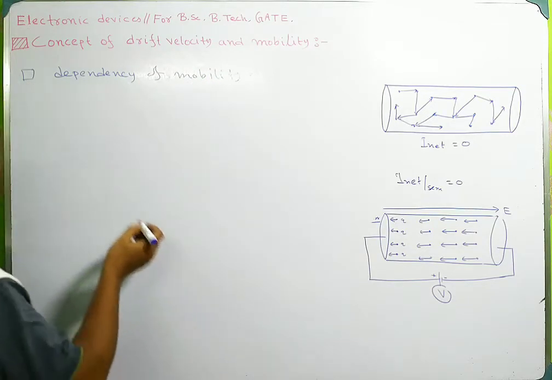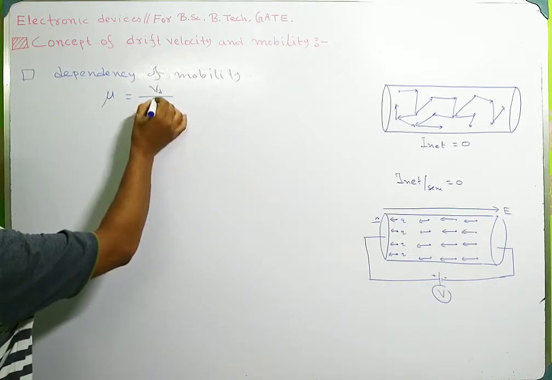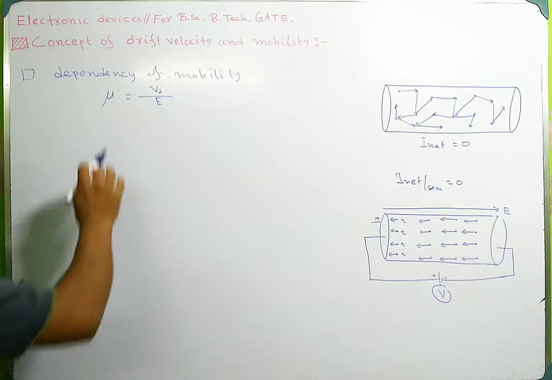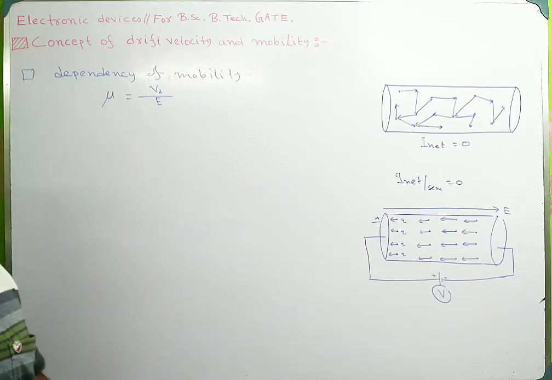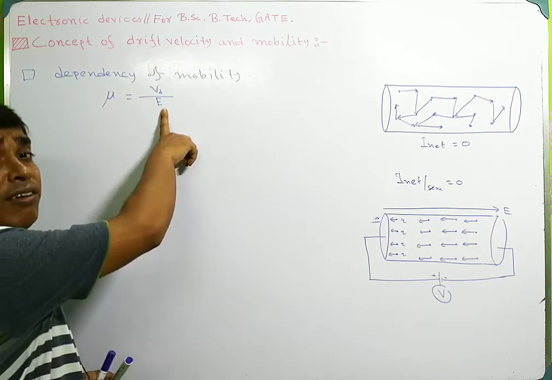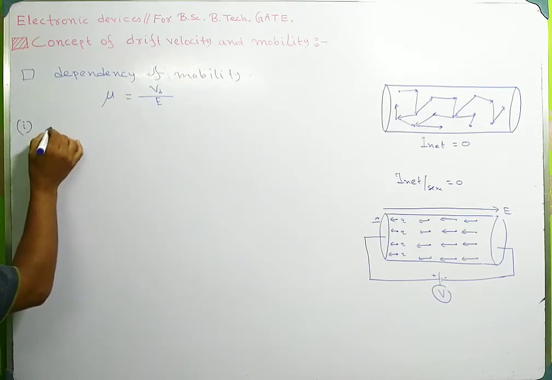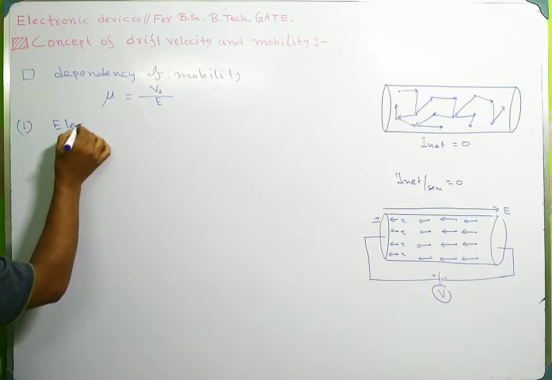Mobility depends on several parameters. We have obtained that mu equals Vd divided by E, that is, mobility equals drift velocity divided by electric field. So mobility must depend on the electric field. So number one, it depends on the electric field.